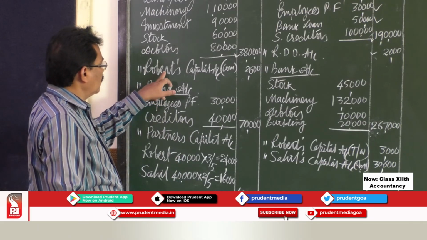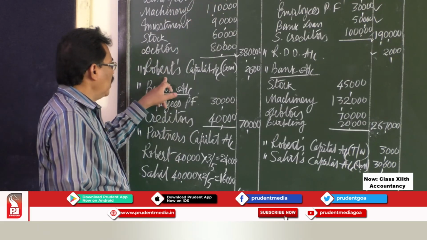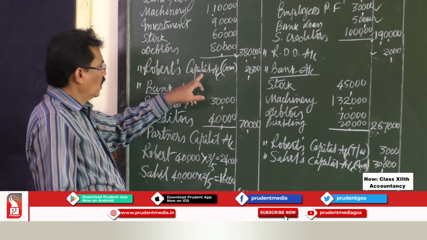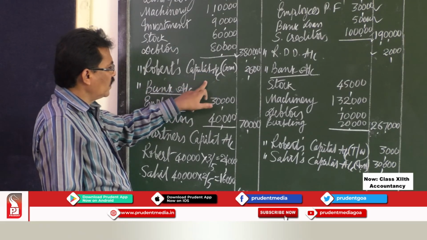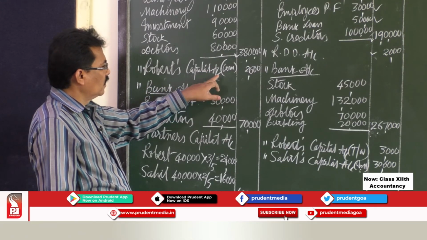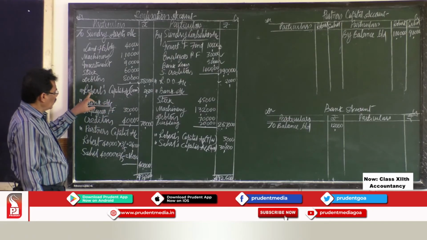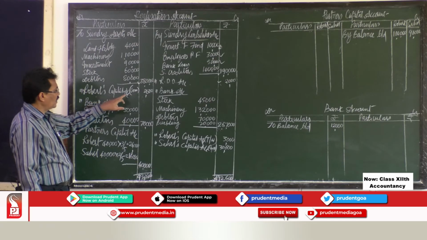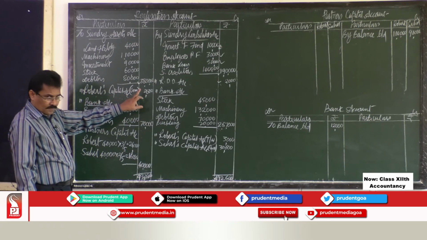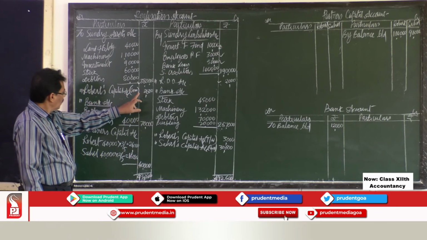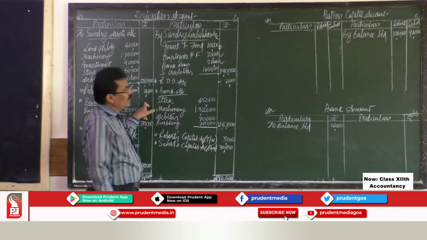So the entry is realization account debit to Robert's capital account. For undertaking this dissolution work, Robert is promised a commission of rupees 2,600. So the 2,600 commission payable to that partner Robert is income to him.